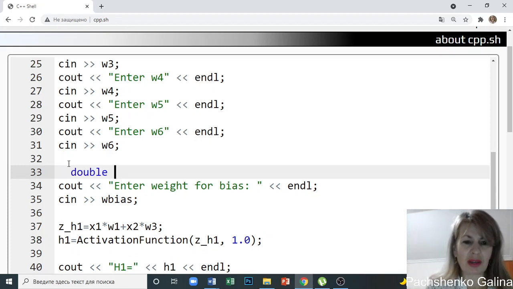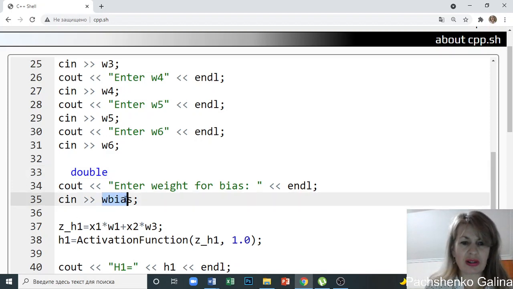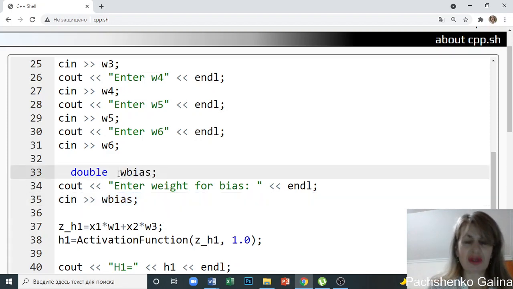So I declare bias, this is the name of my bias. Now I enter it, and remember that a bias is just an additional weight to our neuron.